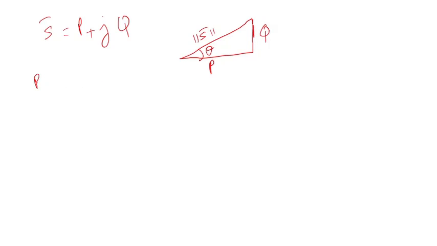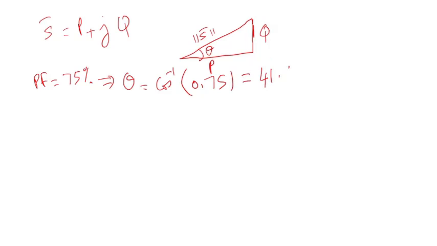We have a power factor equal to 75%, which means the angle corresponding to this power factor is the inverse cosine of 0.75, which is equal to 41.41 degrees. So this theta here is equal to 41.41 degrees.